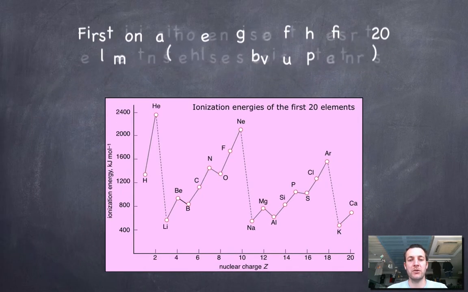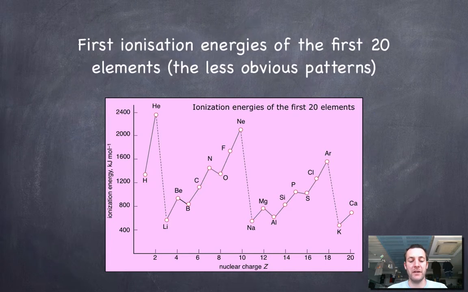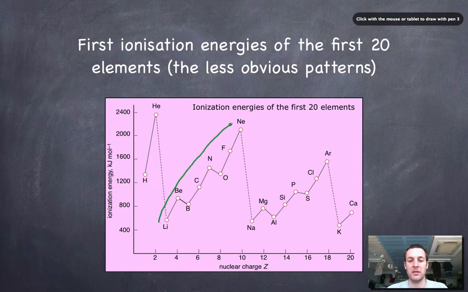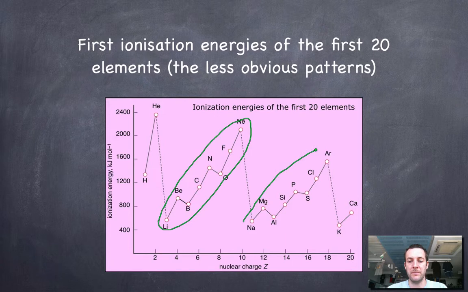Now, they're the most obvious patterns, but if you look a bit more carefully at what happens as we go across a period, for example across the second period here or across the third period here, we are getting this gradual rise that we've been talking about from the least stable element to the most stable element, but there's a couple of dips.